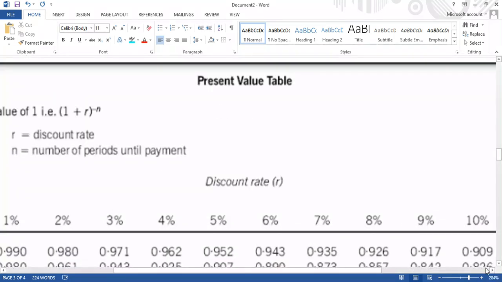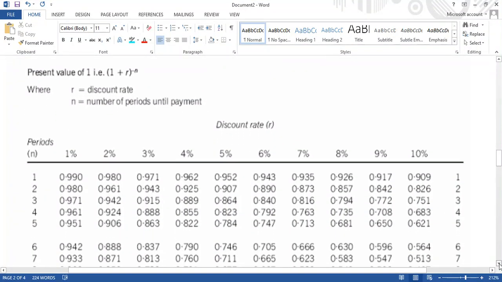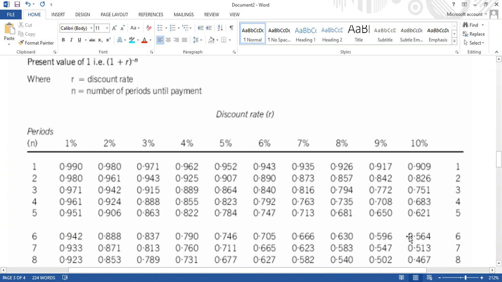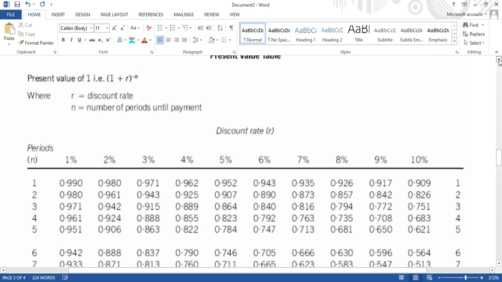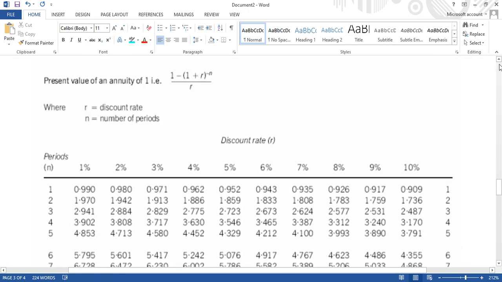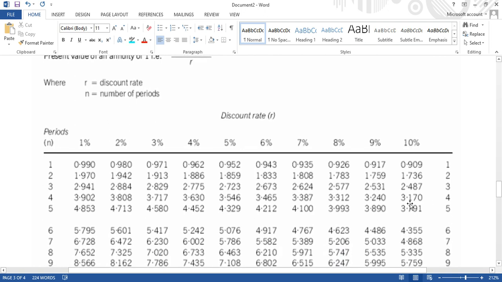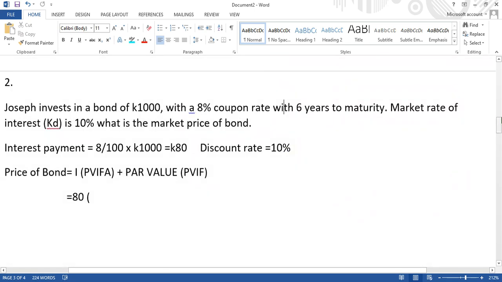Discount rate of 10%. Our annuity factor is... Oh, we have to look on our annuity table first. So on our annuity table, 10%, period of 6 years, 4.355.